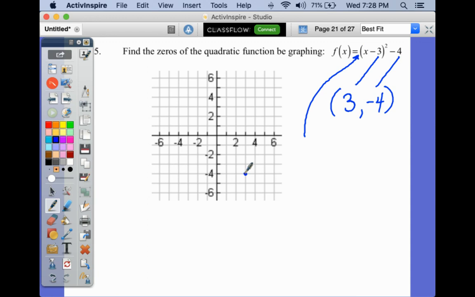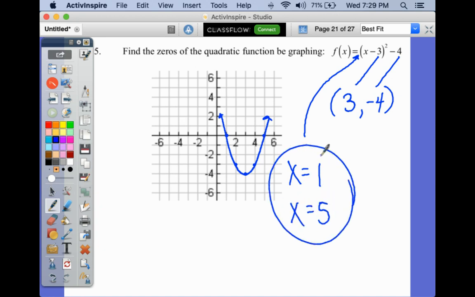So we can just do our normal 1 squares to 1, both directions, and 2 squares to 4, both directions. What we are looking for is the places where the parabola crosses the x-axis. And it crosses the x-axis at x equals 1 and x equals 5. Those are our zeros.